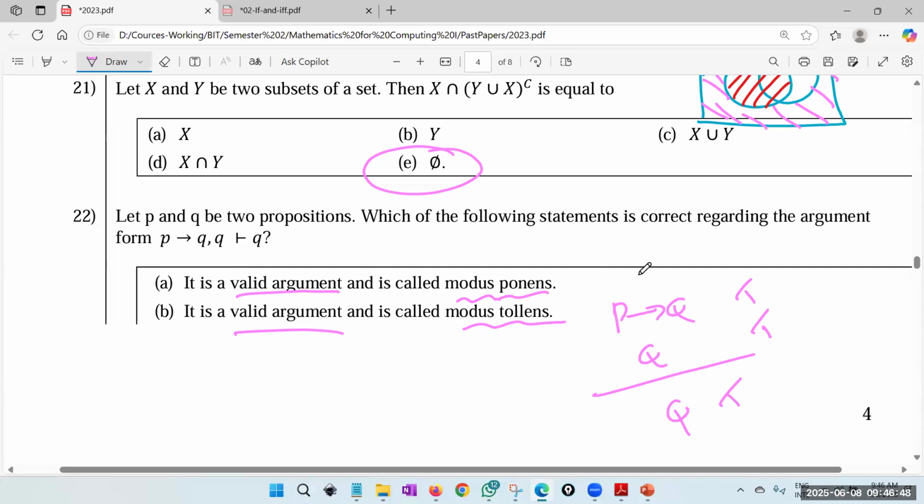But this is valid, right? P implies Q. Q, therefore Q. So is that the therefore symbol? This is the therefore symbol. This is the symbol we used in arguments, right?